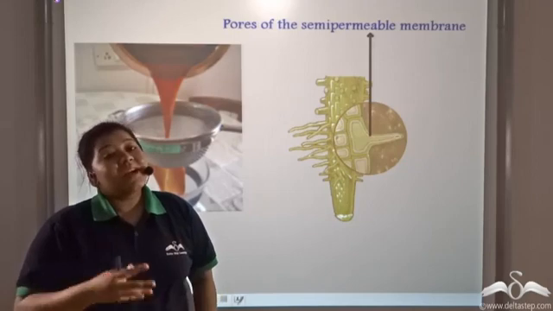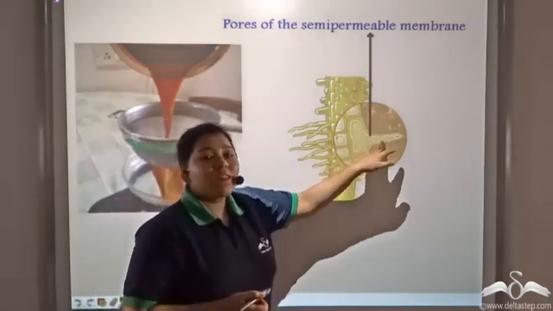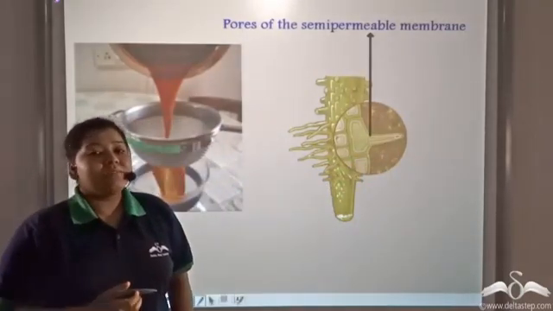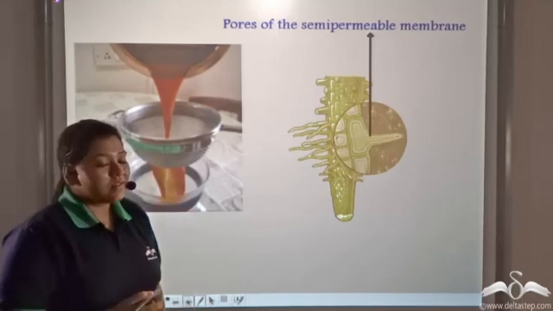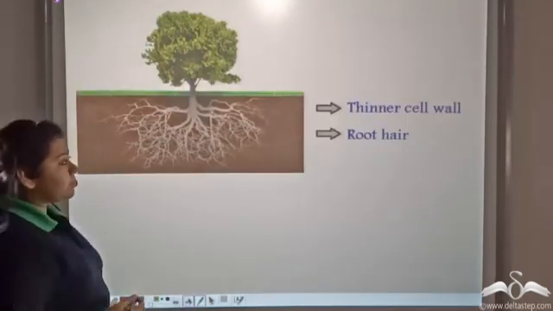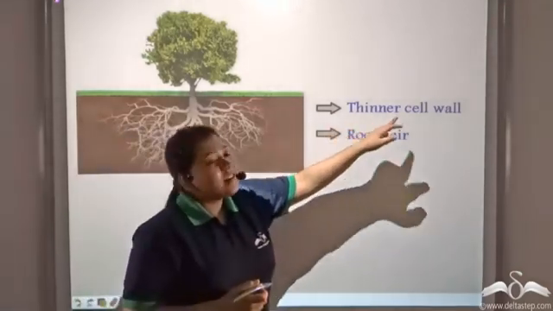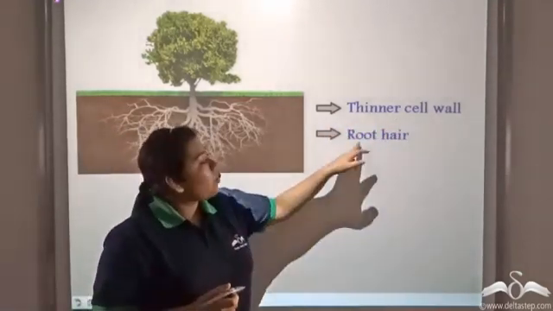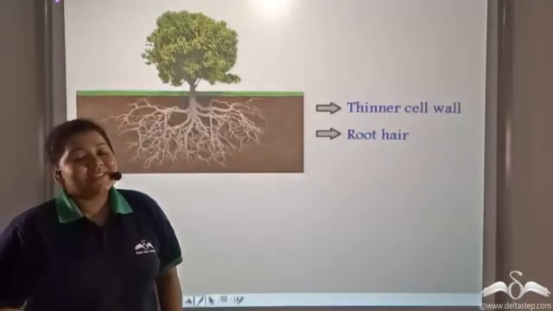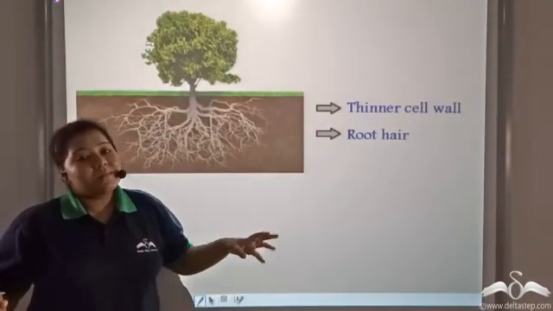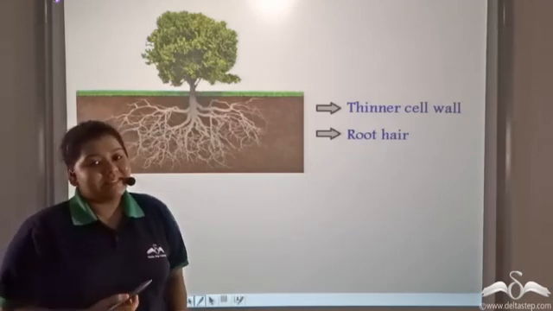Soil molecules are too large to be accommodated by these small pores of the semi-permeable membrane. And so only water molecules can pass through. So roots have thinner cell walls and also root hair, and these are the two adaptations that roots have to absorb maximum amount of water from the soil.